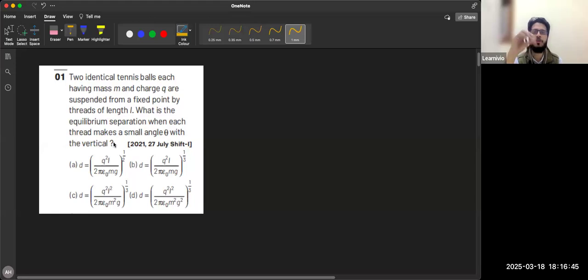First, read the question and draw the rough sketch. And tell me once you have drawn. Upasana, Meera, just tell me once you have drawn the rough sketch. Done?